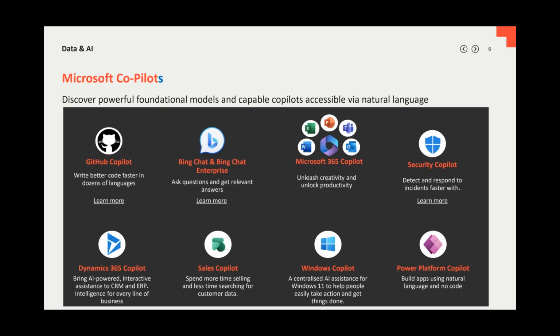I've covered this on previous webinars, where we've got things like GitHub Copilot, Bing Chat Enterprise or Bing Copilot, which is already available in the market, to those such as 365 Copilot. Sales Copilot's already out, but Windows isn't, M365 isn't.